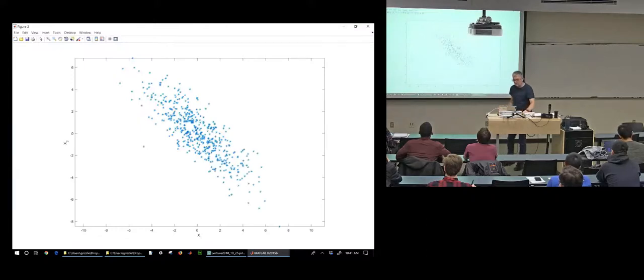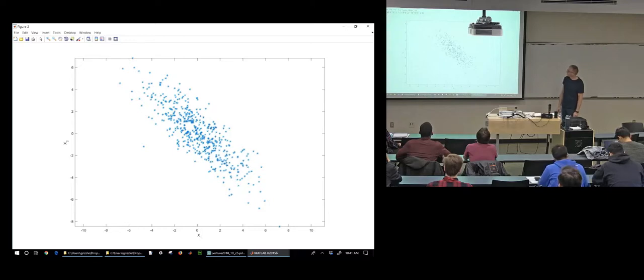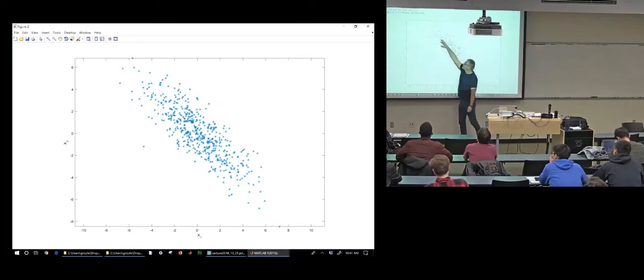Now, here's the one where the covariance matrix is not diagonal. What do we see here? It's just a rotated version of what we had before, okay? Along this axis, we have the variance being 10.